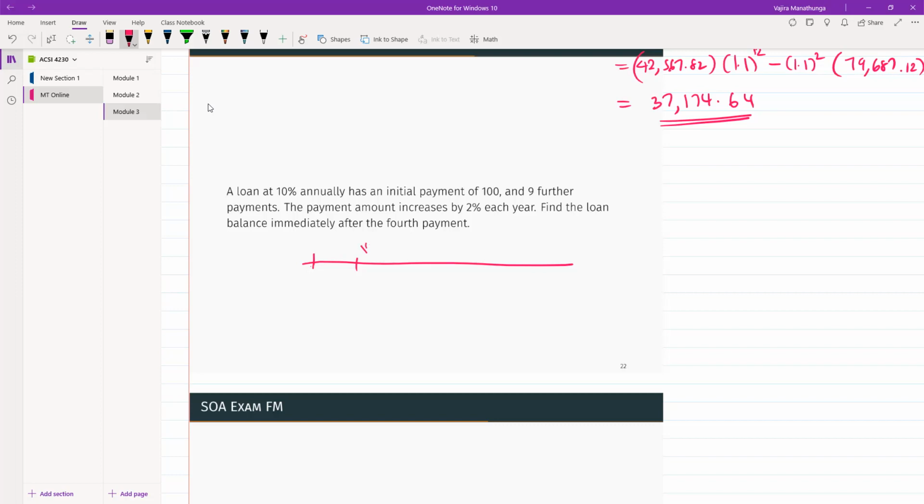So let's assume this one is 100, so this is year 1, and then the 9 other payments: 100 times 1.02, 100 times 1.02 squared, and 100 times 1.02 to the 9. Find the loan balance immediately after the fourth payment.